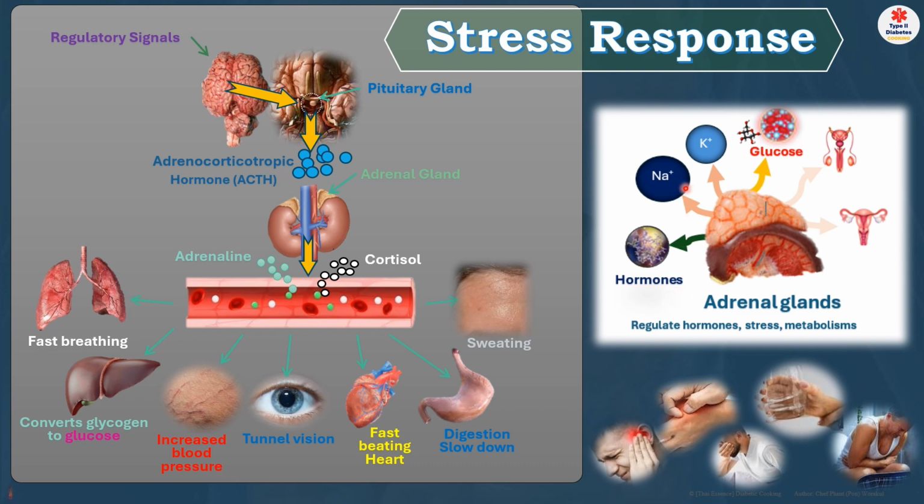You know, sodium, potassium, and your electrolyte dysfunction. Your human reproductive system is controlled by the adrenal gland too, because the adrenal gland regulates the hormones, stress, and your metabolism.